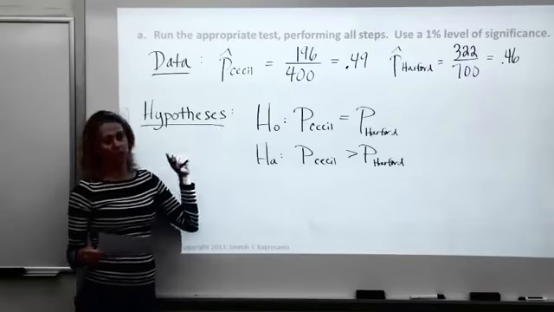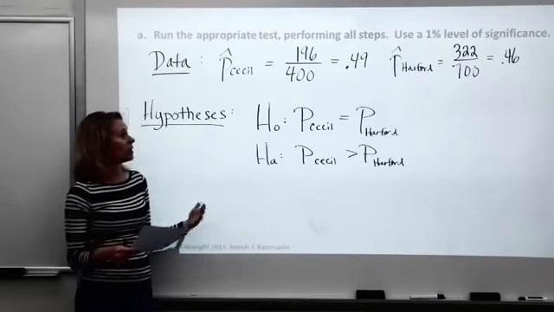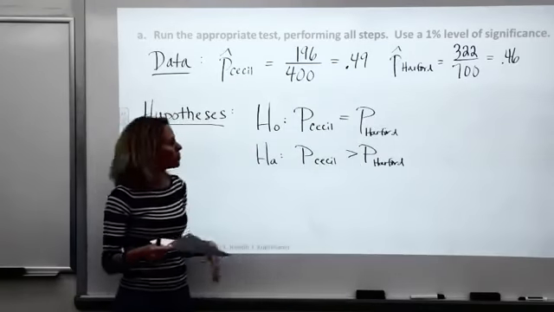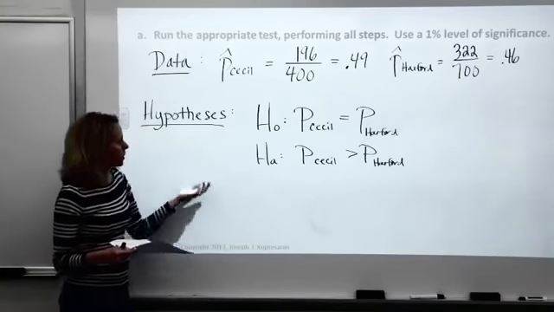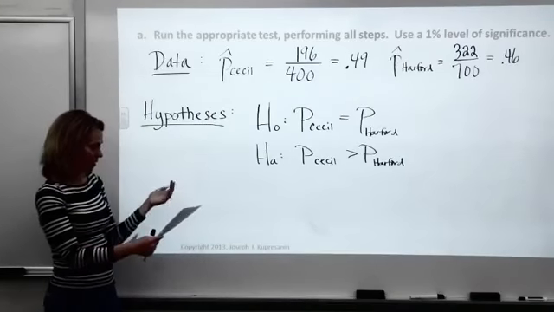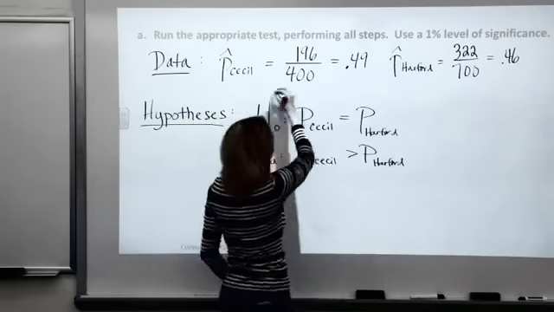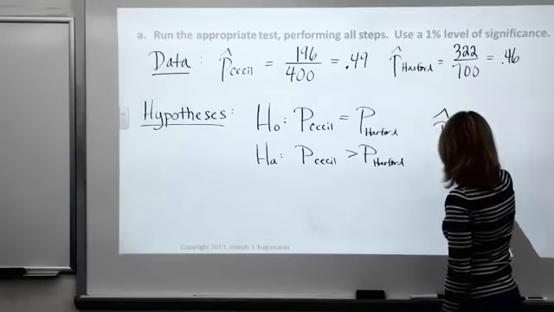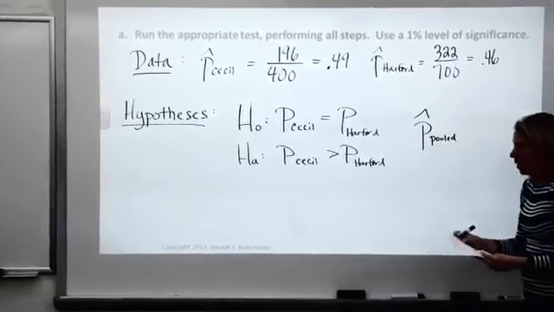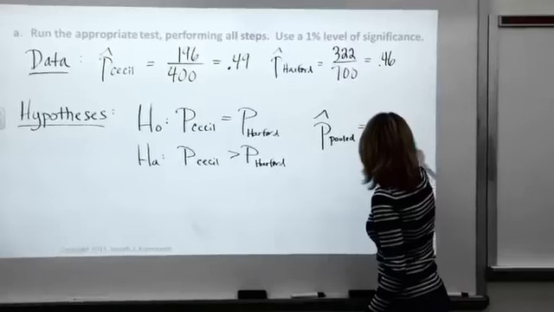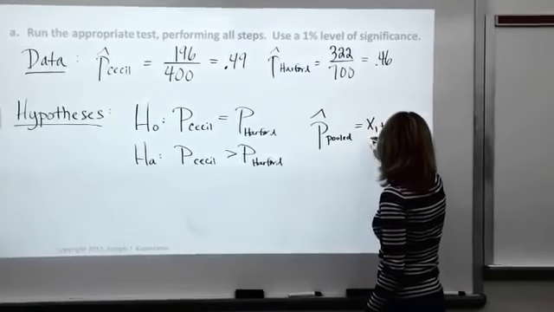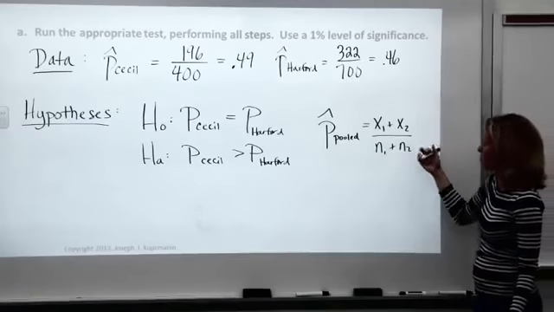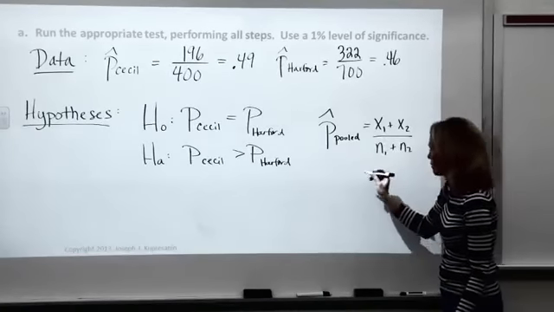One last comment before I erase this and check our conditions. When you do a hypothesis test with two proportions, you're going to need that pooled p-hat value. What if we pooled all the students together from both schools? What would that pooled value be? While we have that sample information up, I'm going to compute that. Remember, you get that by taking the successes in the first sample and the second sample out of your total sample sizes.